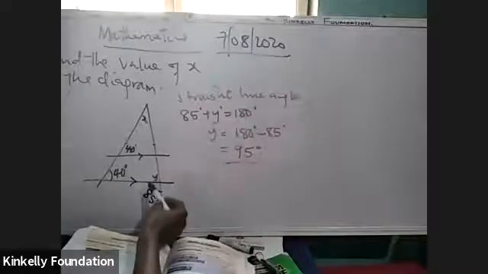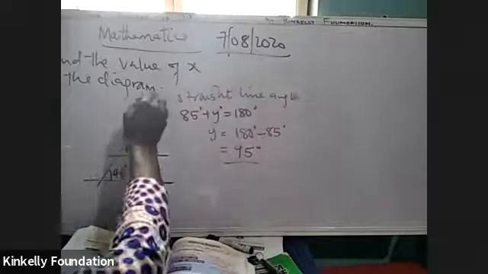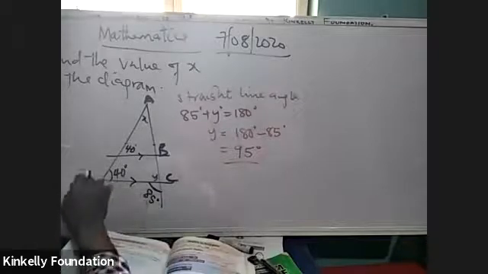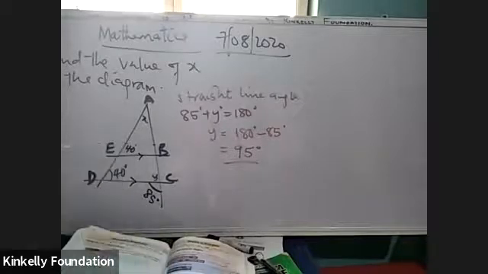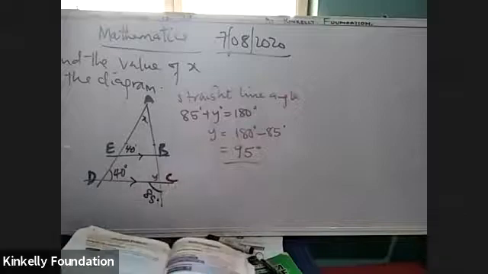Now, we have found here to be what? 95 degrees. If we call here A, B, C, D, and E, we notice that ADC is a triangle.